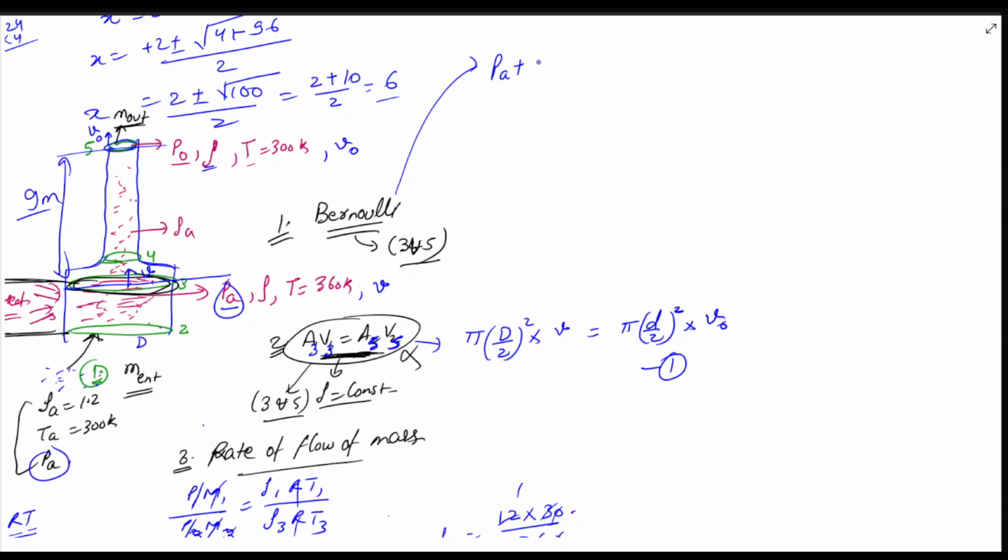So if this is base, rho gh will be 0, rho g into 0 plus half rho v square. Where is v? Here. Its pressure is P naught plus half rho v naught square plus density is rho. Density is rho g and at height 9. Are you getting me? Okay, perfect.